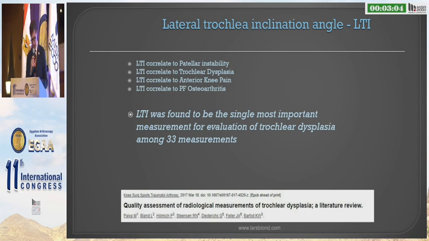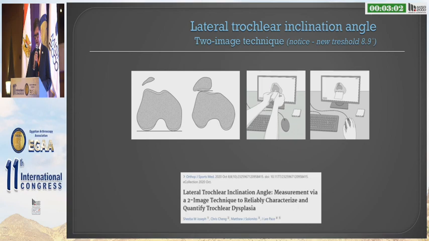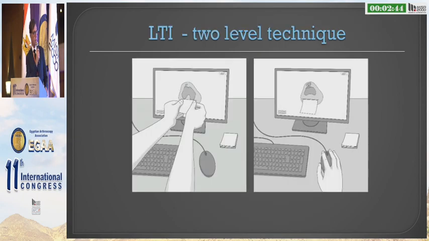And this is a new way to measure the lateral trochlear inclination angle, because this measures on two images. If you see on the picture on the left, there are two different pictures, and that is how you're going to measure it.